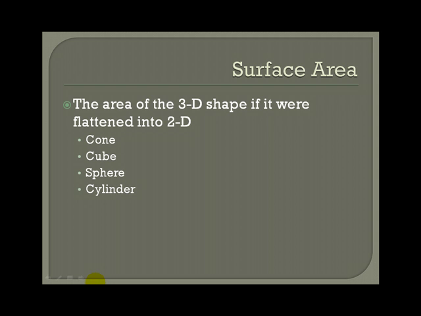Surface area of the 3D shape, if it were flattened into 2 dimensions, is the surface area. So a flattened out cone would look something like this, with the triangle wrapped around it. A cube would have something like this if it were flattened out, like you flattened out a box.